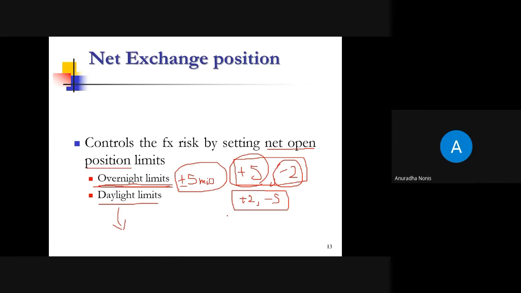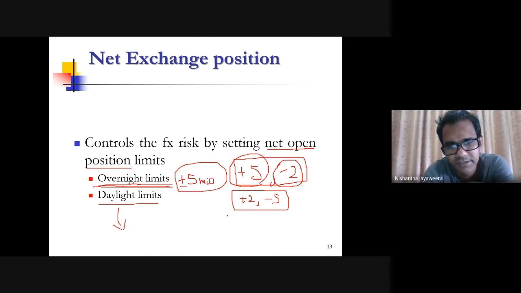Because the central bank or the regulator does it from the system perspective. If one bank fails due to foreign exchange reasons, there will be an impact on other banks, and there will be a calamity, problems or a ripple effect in the industry, in the market.